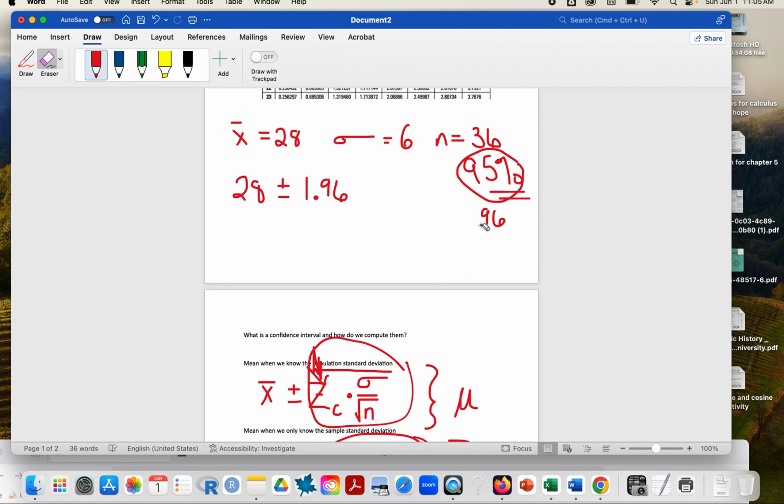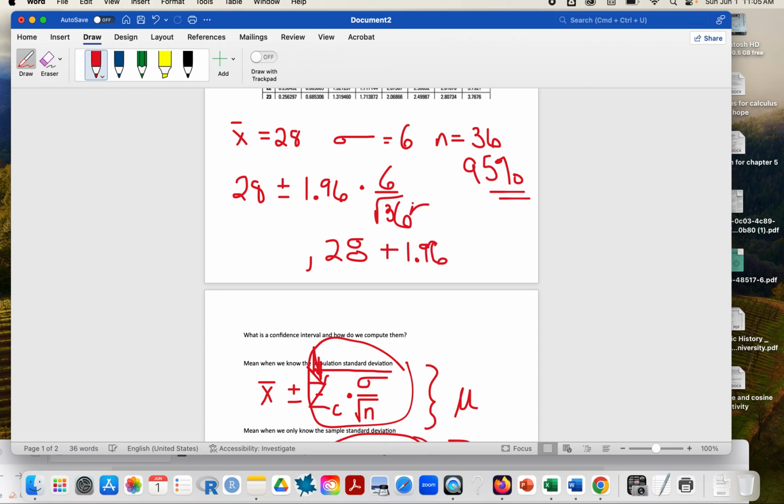Now, I'll clean this up a little bit. The next piece we're going to do is multiply by the population standard deviation divided by the square root of the sample size. And what's going to happen is you're going to have 28, forgive me, 28, and then plus 1.96.